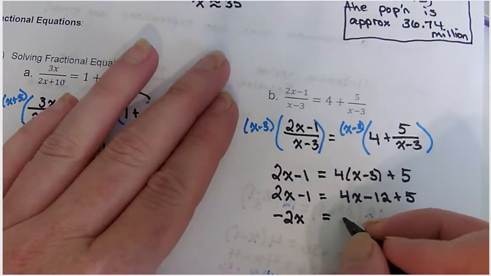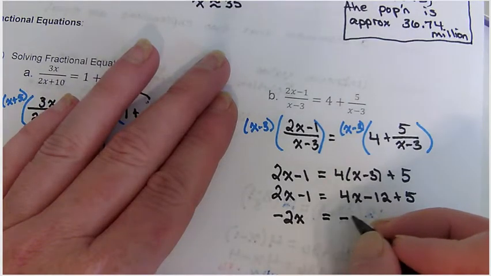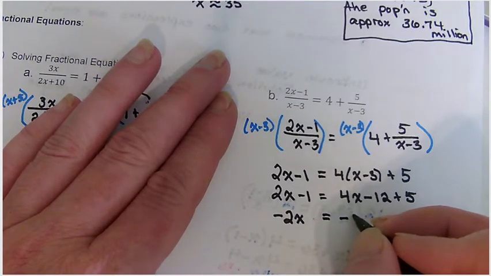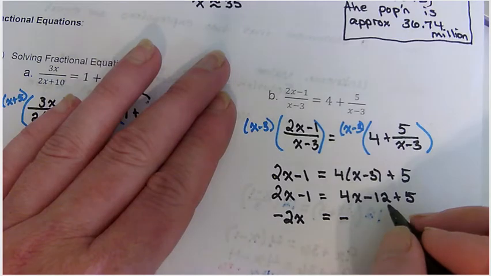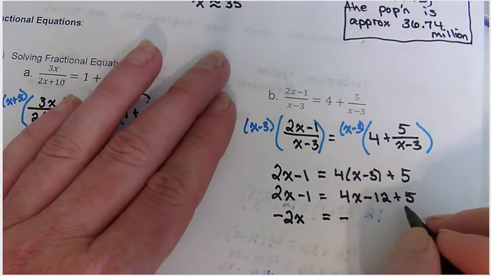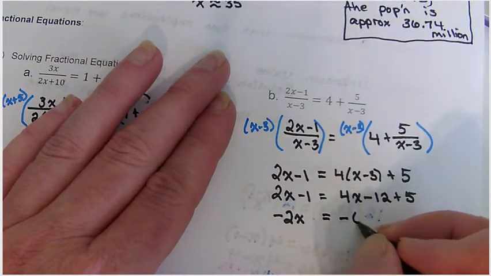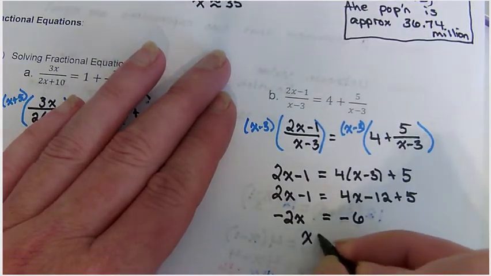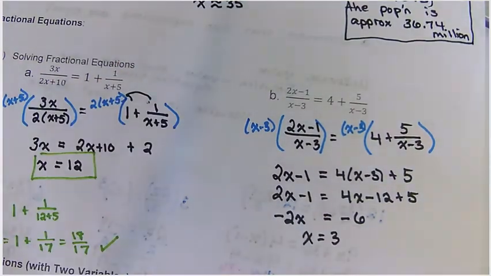So that'd be negative 12 plus 5 is negative 7. Golly, and then I add the 1. That's a negative 6. Okay. So x equals 3. Let's double check everything.